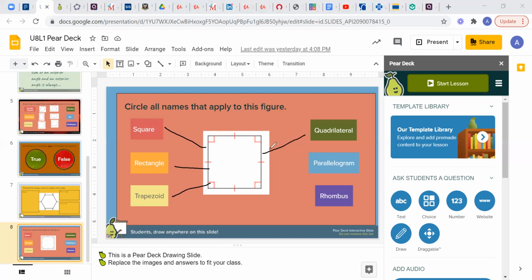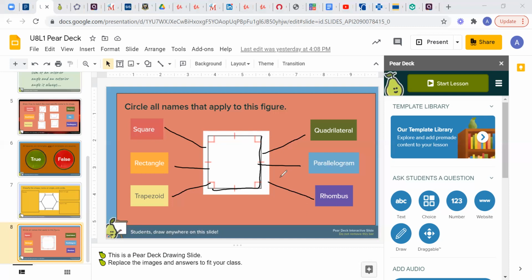A parallelogram is a quadrilateral with opposite sides being parallel. Since these opposite sides are parallel, this is a parallelogram. A rhombus is what again? It's a quadrilateral where the consecutive sides are congruent. If you take this side and this side, they have the same measure. So this is a rhombus.